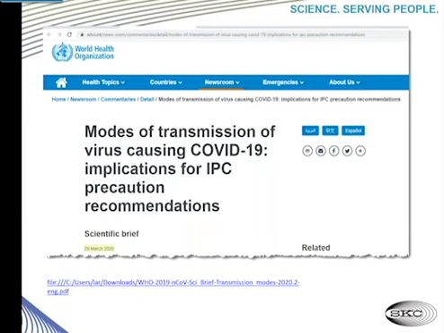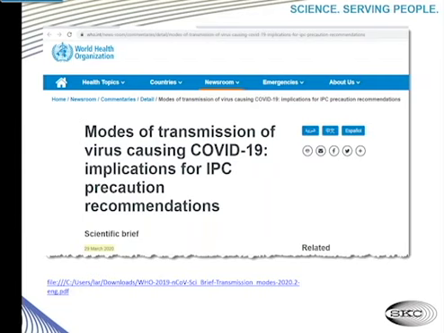Transmission of the COVID-19 virus can occur by direct contact with infected people and indirect contact with surfaces in the immediate environment, or with objects used on the infected person, like a stethoscope or a thermometer.